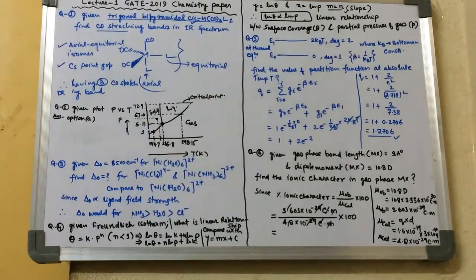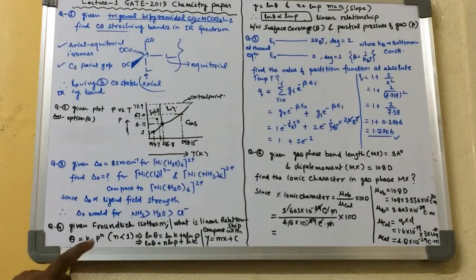As we know, the Freundlich isotherm is theta equals k times p to the power n, where p is pressure and n is any number which is less than 1. I am moving according to the options.